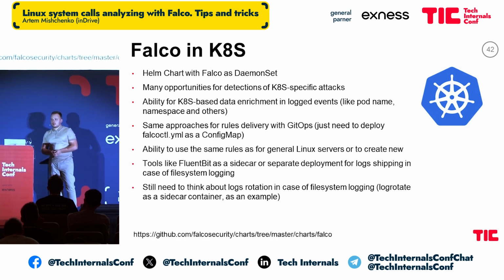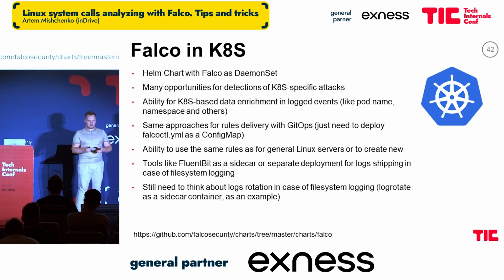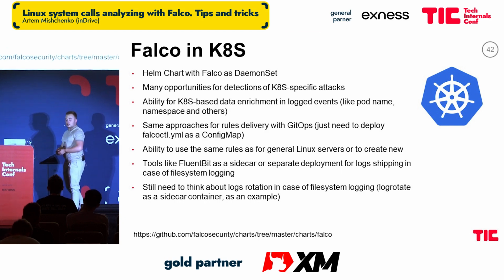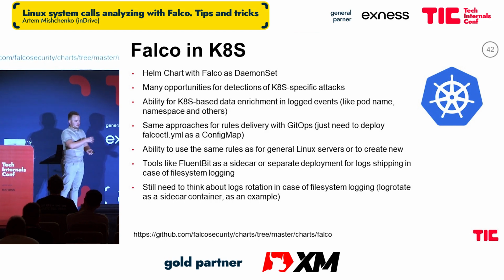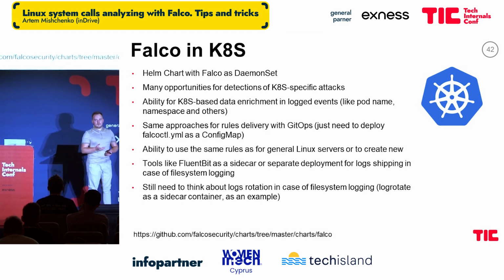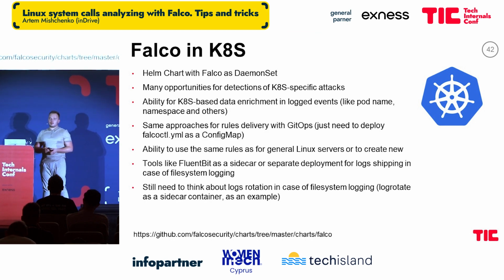Falco also provides many opportunities to detect malicious activity with the Kubernetes-specific attacks. It can also make some enrichment with the Kubernetes data. We can use now the same GitOps approach for rules management. Only thing we need to do is just provide proper FalcoCTL configuration file using config map manifest.